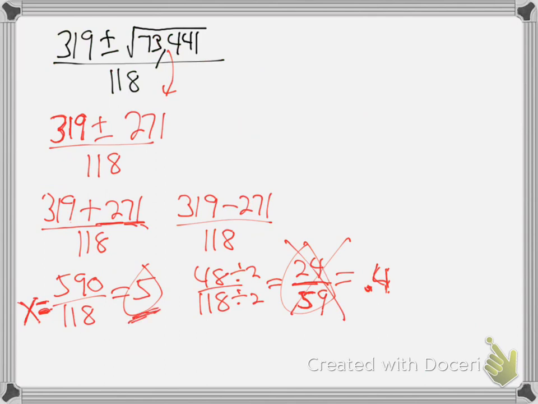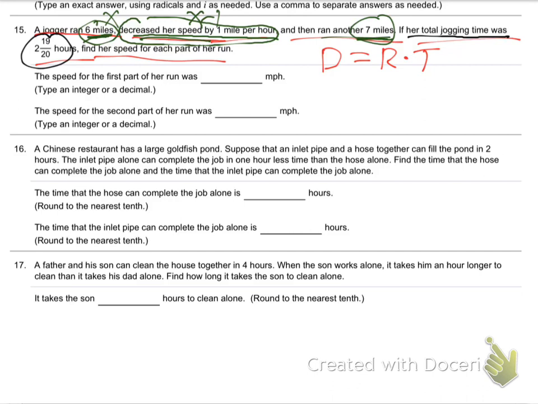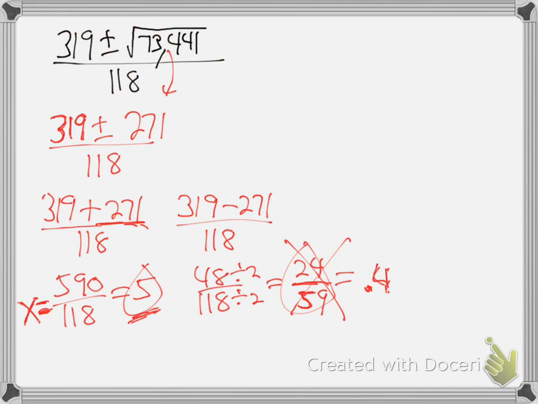Now, remember, in a word problem, they don't just want x. Usually, they want something else. So what's their question? The speed for the first part, the speed for the second part. Okay, so they want us to take the only valid x, the 5. The other one's not valid because it would make one of the rates negative. Take that x is 5, and they want rate first part, rate second part.